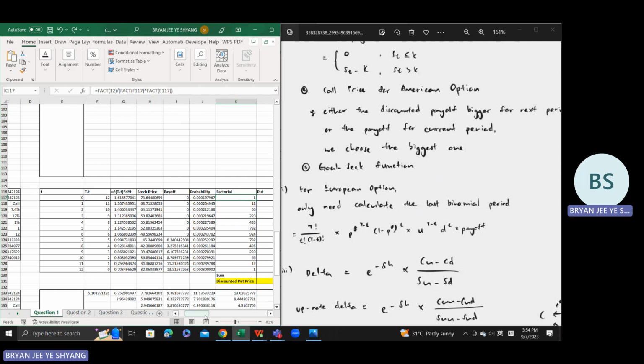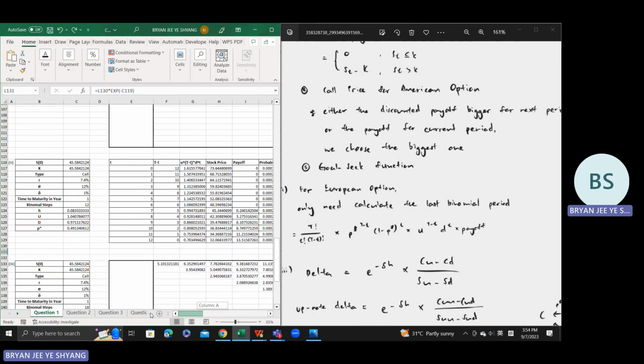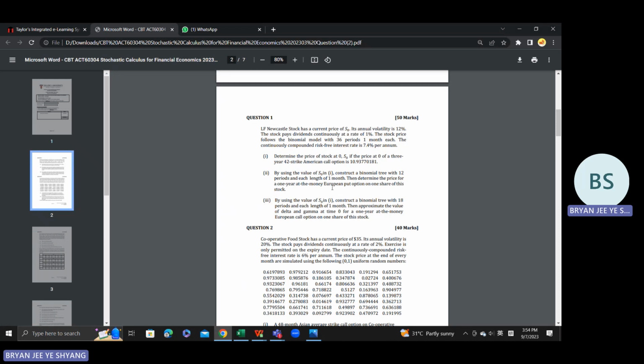Then we multiply these three columns together, the payoff, the probability, and the factorial, and we get the put price. Then we sum it together and discount it back. We get the discounted put price is equal to 0.965301666.